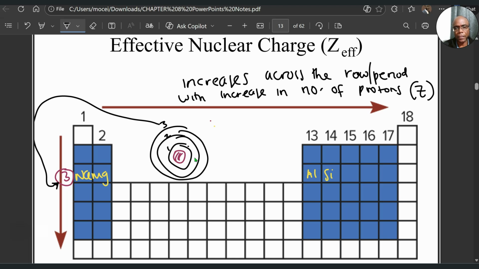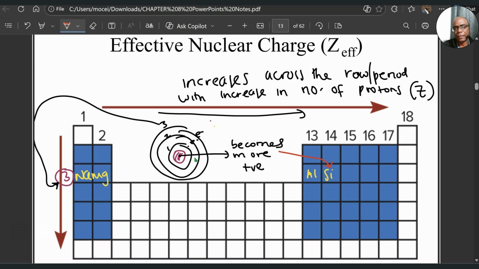However, as you go across the periodic table like this, the nucleus is increasing in number of protons. You are increasing the positive charge, so the nucleus becomes more positive. The shells contain electrons, so the electrons will be pulled inward towards the nucleus more in silicon compared to sodium.